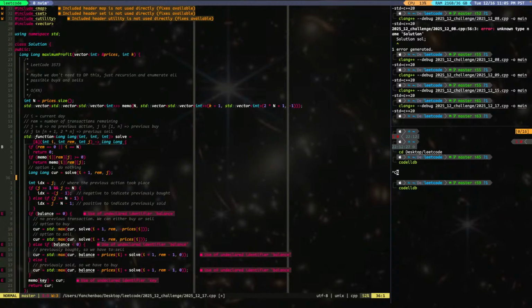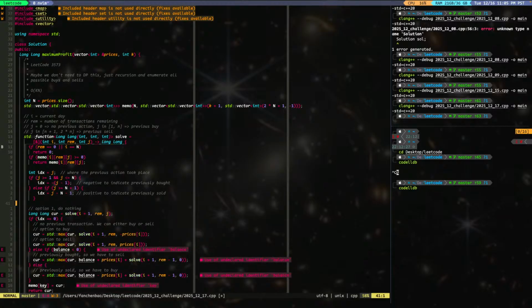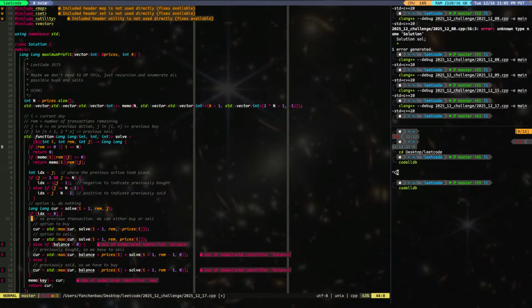Otherwise, we have index. Now we say index is equal to 0, no previous action, so we can either buy or sell. So this, where's my, oh, it's here. You know what? Let's put it here. Right. Okay. So this is no previous.